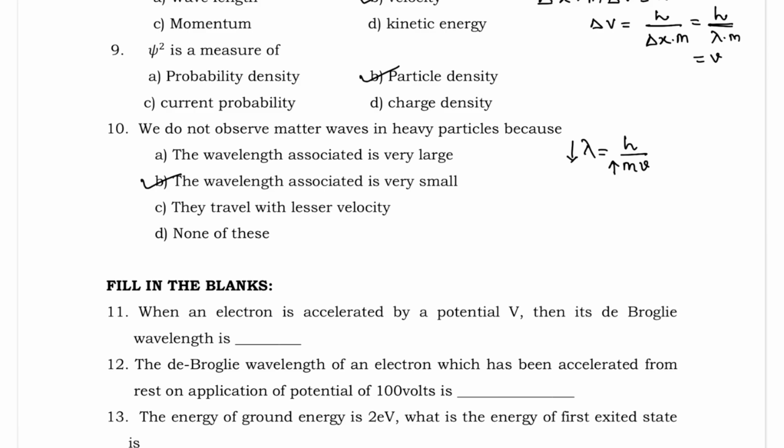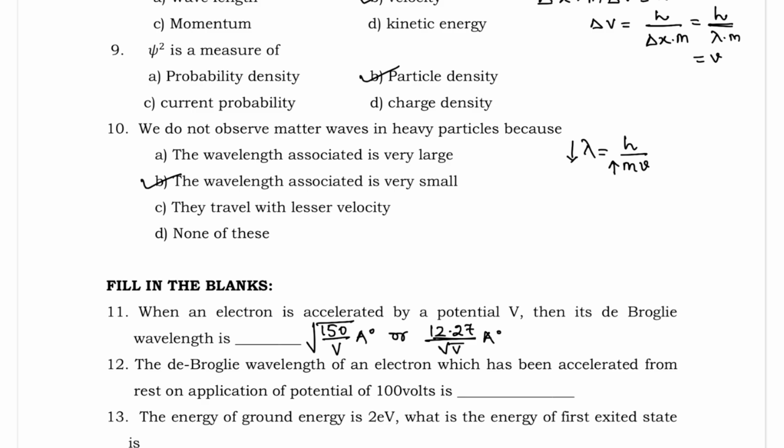Next, when an electron is accelerated by potential V, then the de Broglie wavelength is root 150 by V angstroms or 12.27 by root V angstroms. You can write either answer.